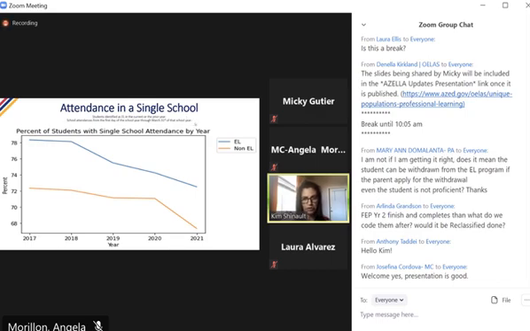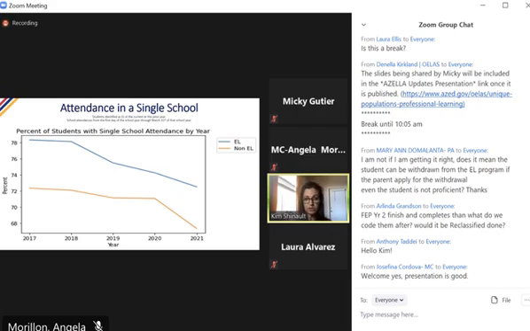Now, the best way I think to look at this graph is to orient yourself with where it says 2020 at the bottom, on that bottom axis of the graph. Look at 2020 and then move your eyes up to where that orange line is. These are the non-EL students. So if you look at 2020 and then move your eyes to where that line is at 2021, you can see that for non-EL students, there is a decline in the total percent of students who are enrolled in only one school.